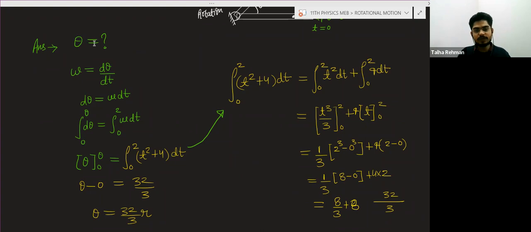They are not asking the instantaneous value. Basically, they are asking the average value. So you can just change that. To find the instantaneous value of theta, the equation of theta should be given.